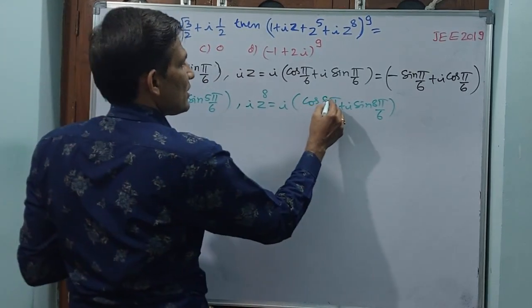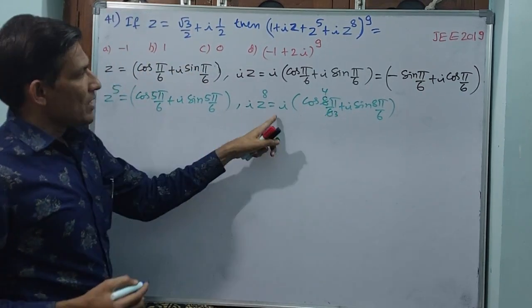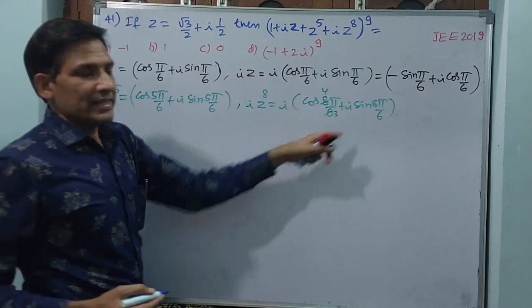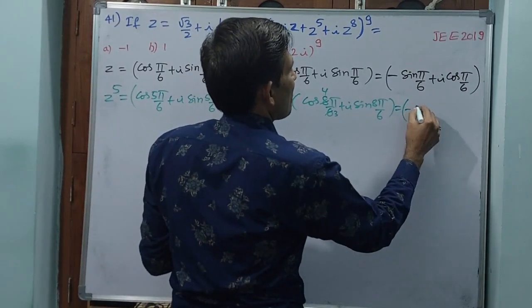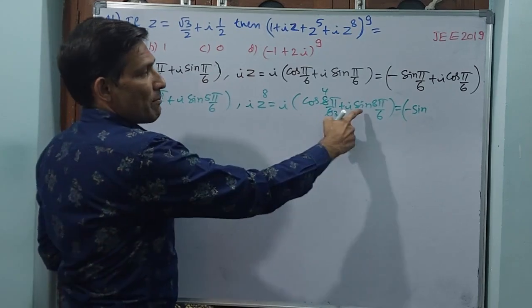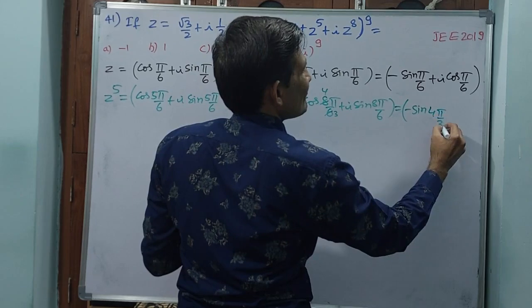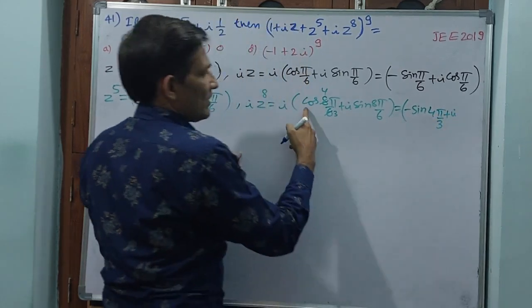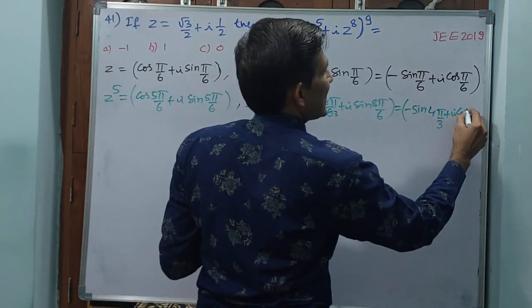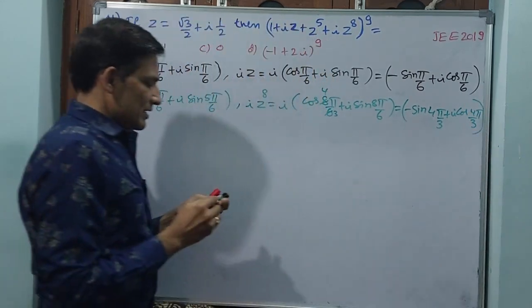Also here you see 2 4s, 2 3s, so 4 pi by 3. It is going to become i square, so minus sin 4 pi by 3 plus i cos 4 pi by 3. Okay, that is the value.